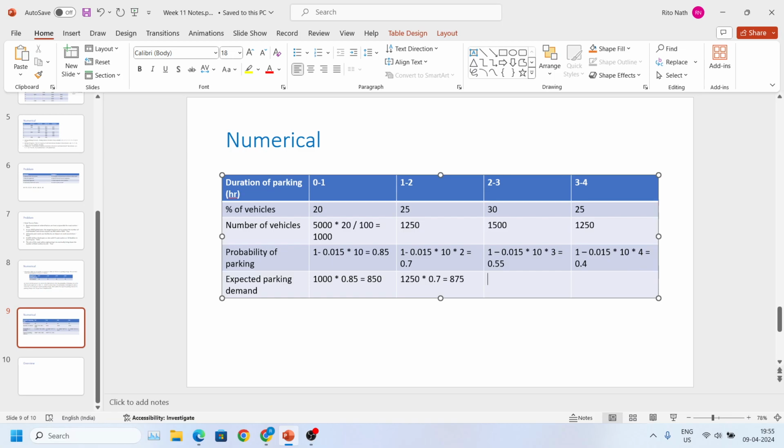Then you have 1500 vehicles times the probability, which is 825. And finally you have 1250 times 0.4, which is 500.